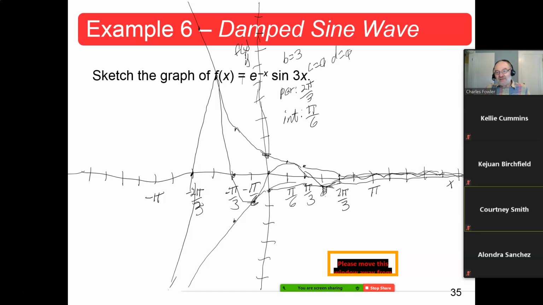So that's how we sketch the graph. Somewhere up here, you are back to a 0 again here, and a 0 again here, and a 0 again here. This one's going almost vertical here, somewhere way down there. This one's going almost vertical here, going somewhere way up there.